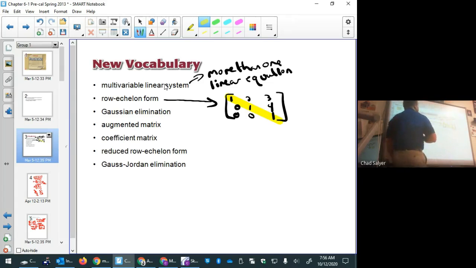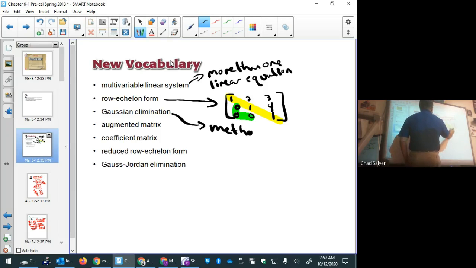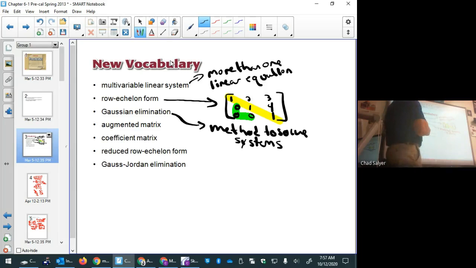But you have ones on the main diagonal and zeros below. That is row echelon form. Gaussian elimination is a method to solve systems. We'll discuss.